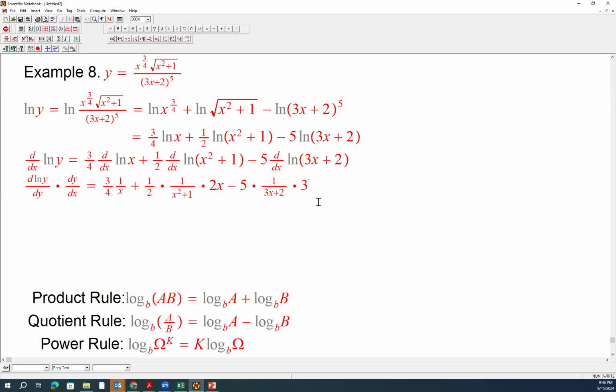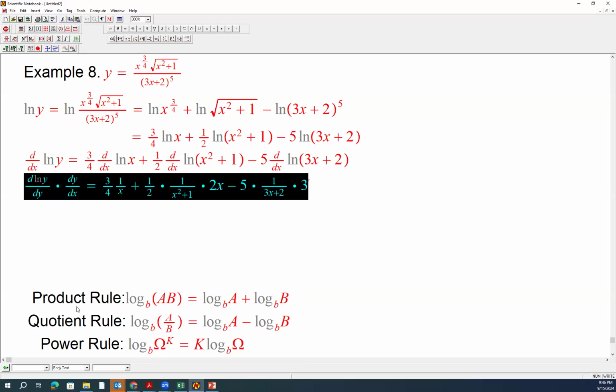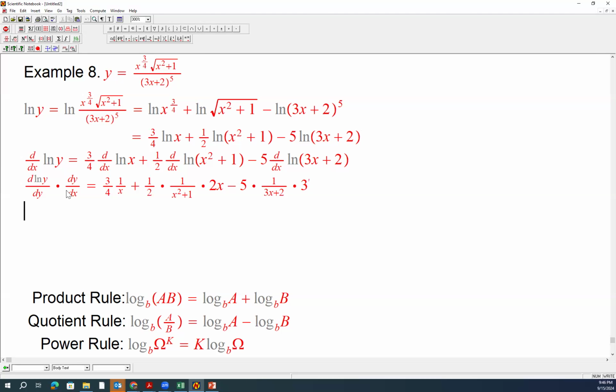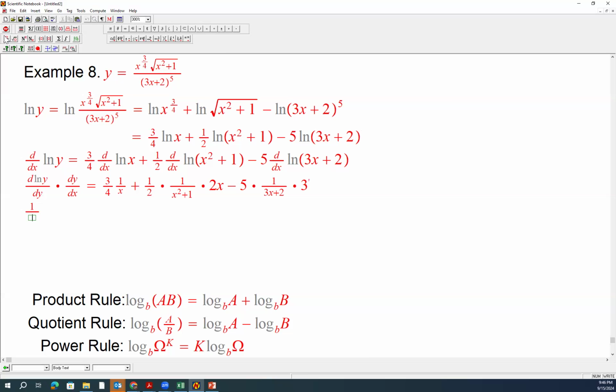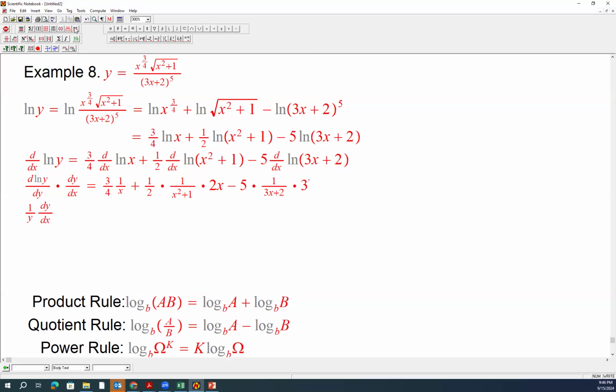By this time, we have moved forward. This piece, of course, we know is just 1 over y, multiplied by dy/dx. On the right-hand side, we do some organization. That piece is 3 over 4x. In the second part, the 2 and the other 2 will reduce, so the second term is just x over x squared plus 1.